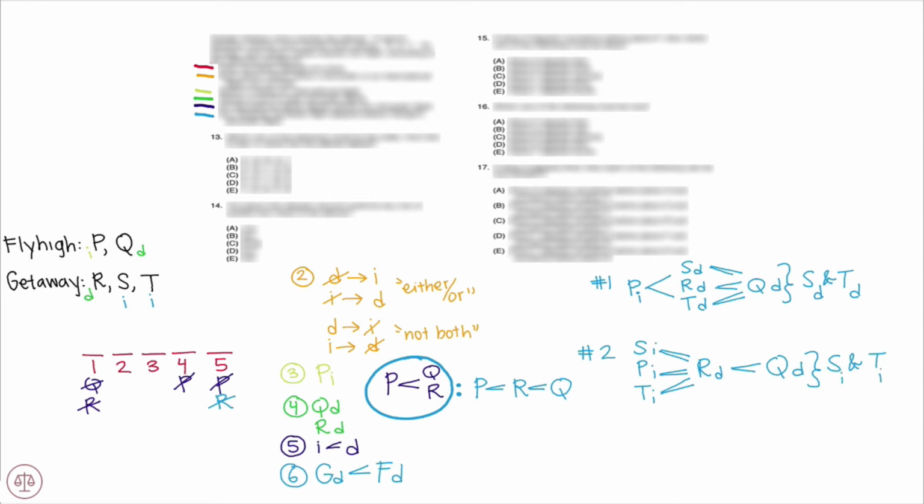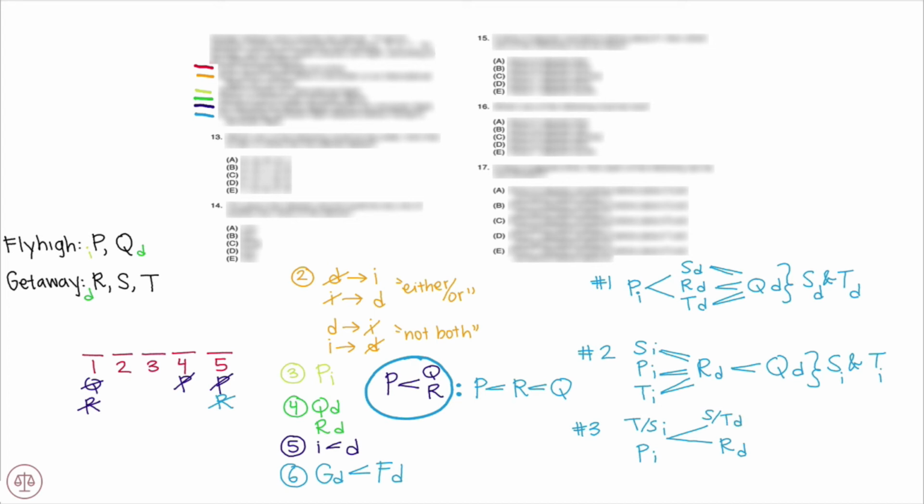Now the last option is if one of S and T is domestic and one of S and T is international. So what would happen then? Well, we know all international flights are before domestic, so we'd have one of S or T that was international and then P that's international, and that's going to be before our R that is domestic and the other one of our S and T that's domestic.